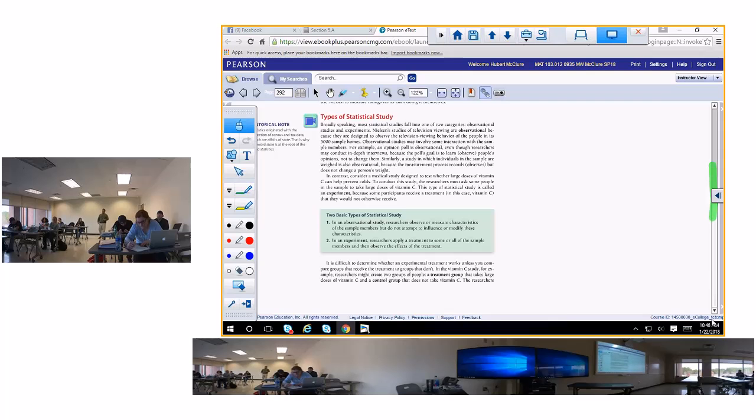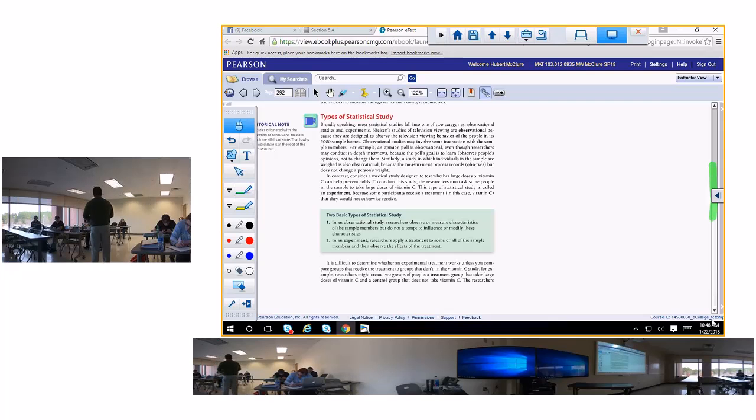But that's observation. A good example of observation is counting cars. When I was in civil engineering at Clemson, in a transportation course, they told us to go out and count cars. Pick a road, tell me what kind of road it is, and how many cars travel on that road in a day.